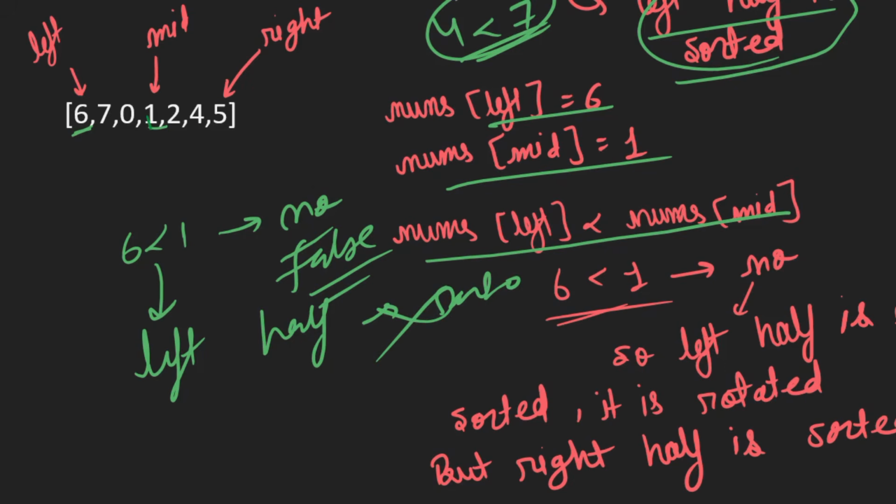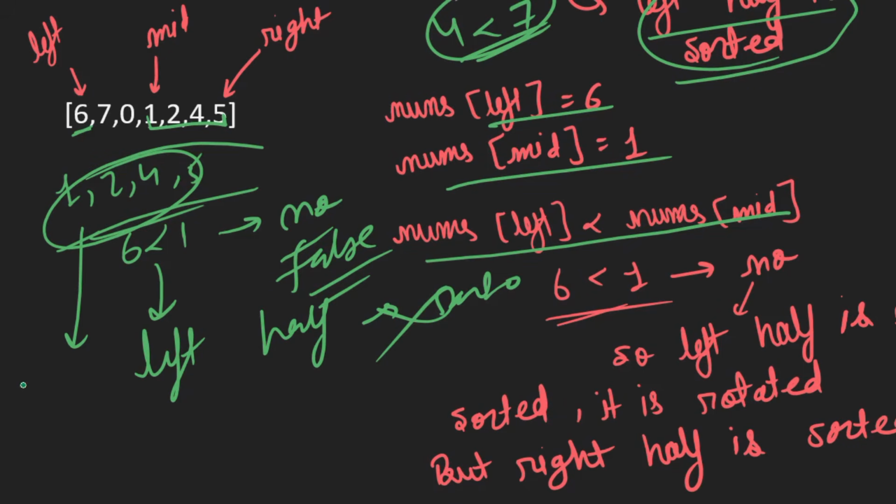Then we'll check the right half. If you see, our right half 1 2 4 5 is sorted. So when our left half is not sorted, in that case our right half will be sorted, because our array is rotated around only one point.